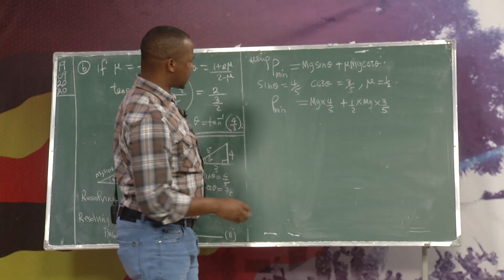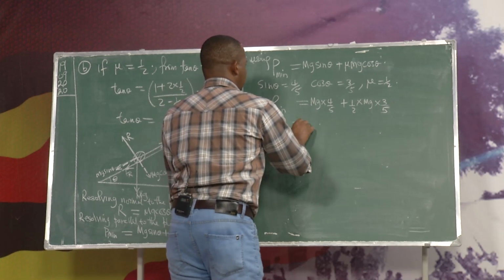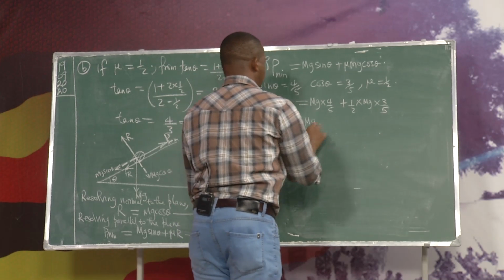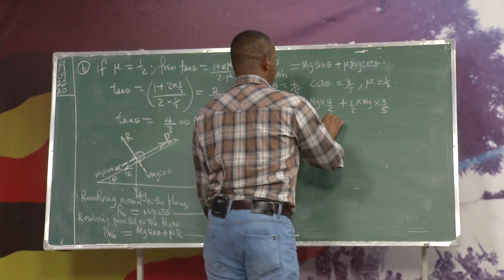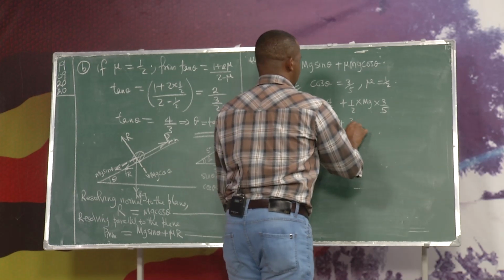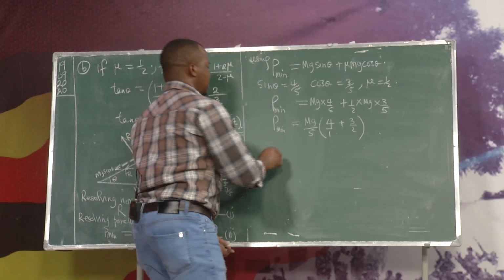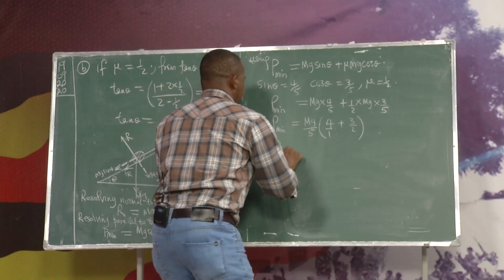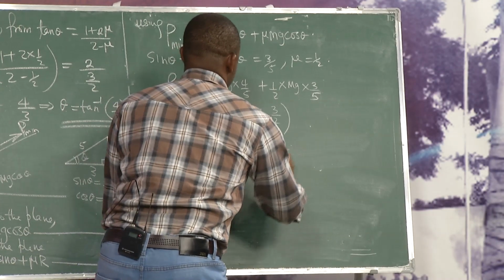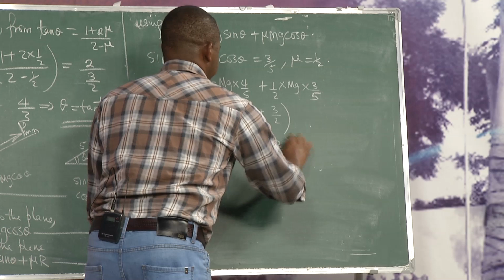If we do the mathematics, our mg is constant, so we can pull it out. We can pull mg out of 5. We stay with 4 plus 3 out of 2. When we take the LCM in there, we shall have our P minimum giving us mg out of 5 into the LCM, which will be 2. We shall have 4 times 2 plus 3.